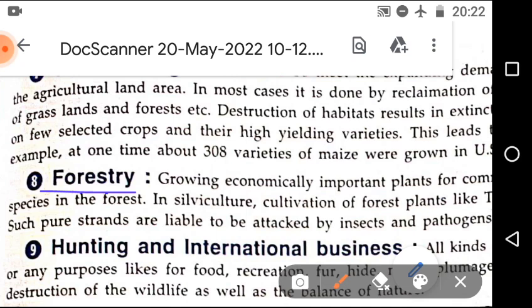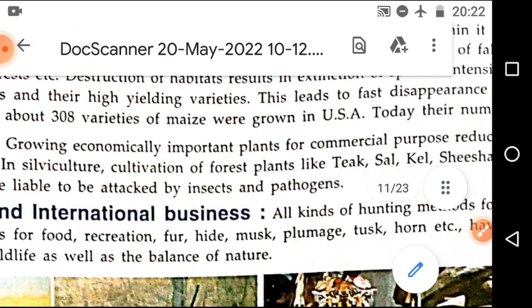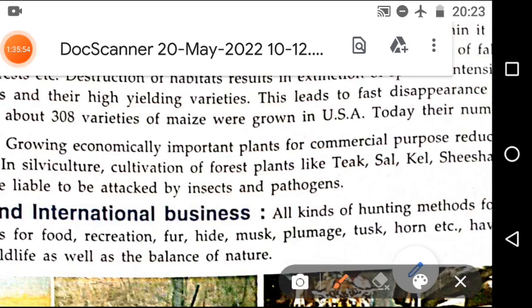That's the thing that they are saying. Growing economically important plants, that means the plants which will be used for commercialization.